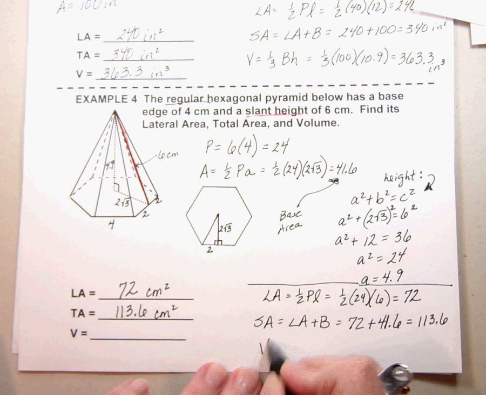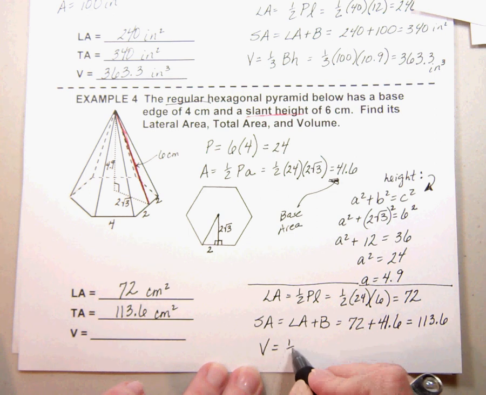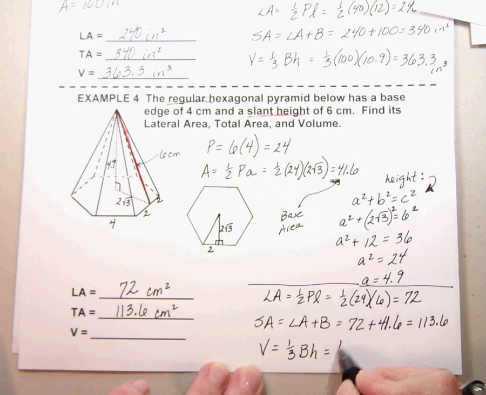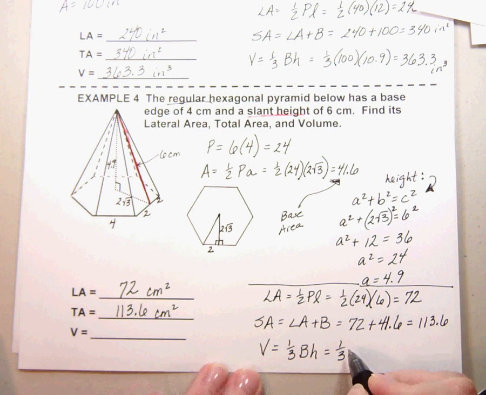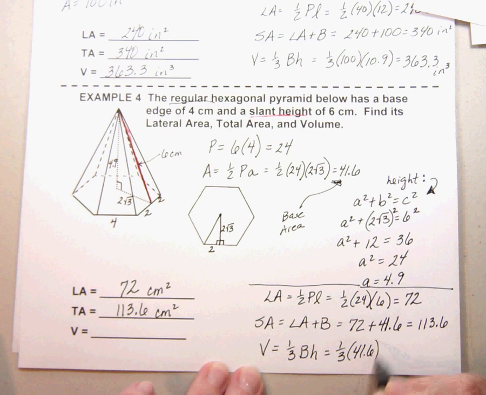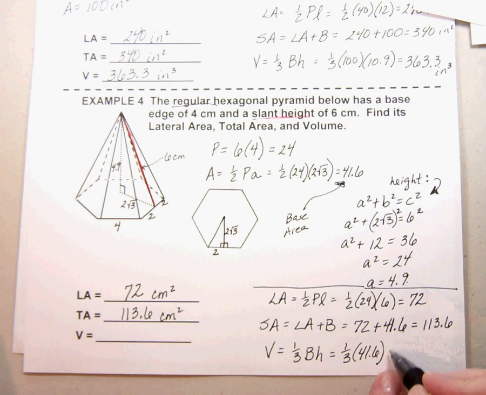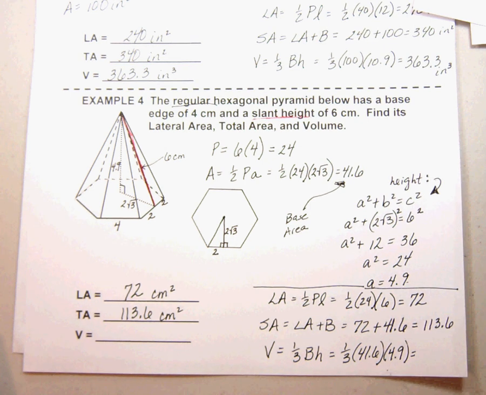Okay, very good. Volume is 1/3 the base area times the height. So it's 1/3. The base area of this one, we'll go back up and use our 41.6. And the height is the height of the pyramid. That was this one, 4.9. I'm going to use my calculator to figure out the approximate answer.